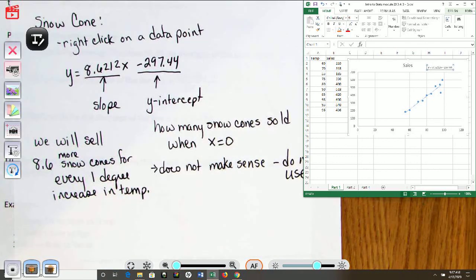That's what that slope tells us. So for every increase of 1 degree in this direction, we're going to go up 8.6. So every time the temperature goes up a degree, we should sell 8.6 more snow cones.